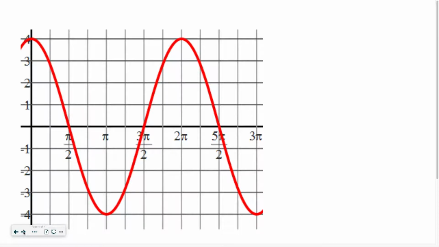And then we go to pi, -4. And then we're back at 3 pi over 2, 0. And then we're at 2 pi, 4. Looks like I have a 5 pi over 2, comma 0. Just draw something like that. That would be the easiest way to get a picture of that.